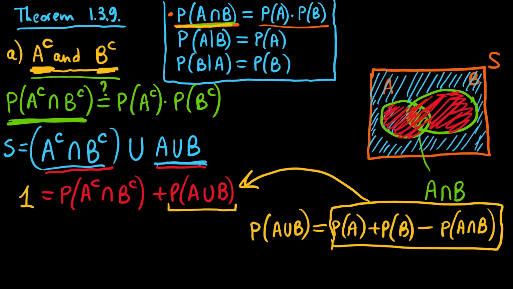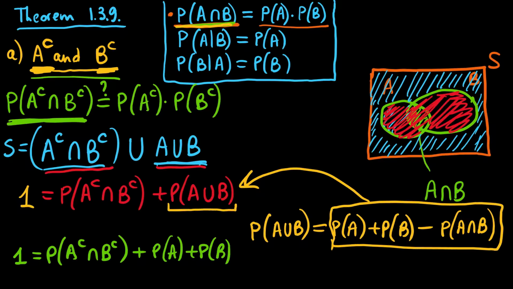We get that 1 is equal to the probability of the complement of A intersection the complement of B plus the probability of A plus the probability of B minus the probability of the intersection of A and B. But that's just the probability of A times the probability of B.